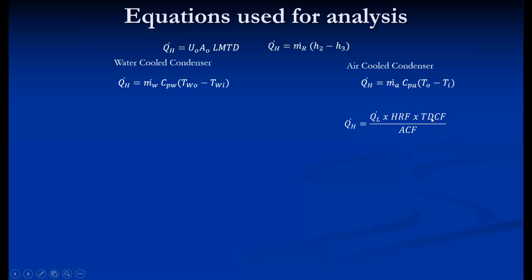TD correction factor that we already discussed, that is if it is designed, if your temperature difference is 30 degree Fahrenheit, TD correction factor is 1. If it deviates from 30 degree Fahrenheit or 16.6 degrees Celsius, in that case, a correction needs to be incorporated.